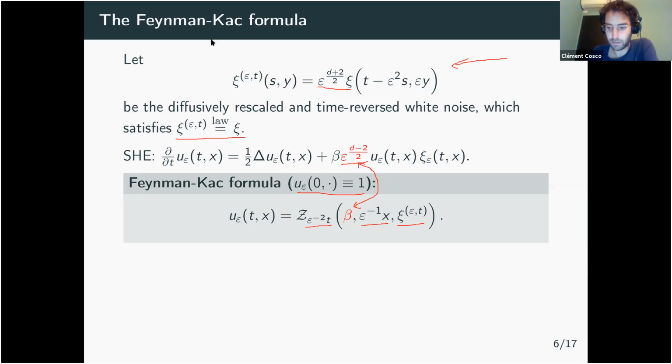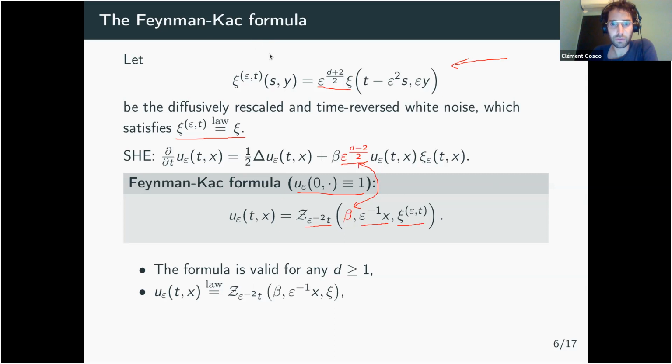Now, if you were in dimension 1, for example, because this formula is valid in any dimension, instead of beta here you would get beta times the epsilon term, and this term would go to 0, similar to what Hubert was talking about just before. But in dimension bigger than 3, you want to keep this beta of order 1 inside the polymer. You don't want to take a limit as beta goes to 0 at the same time.